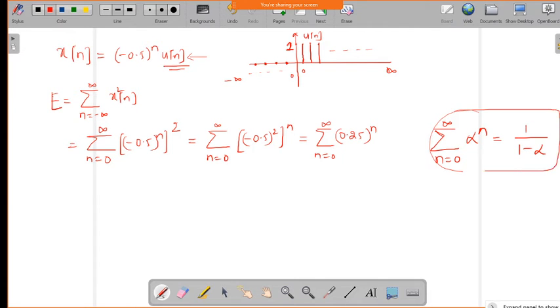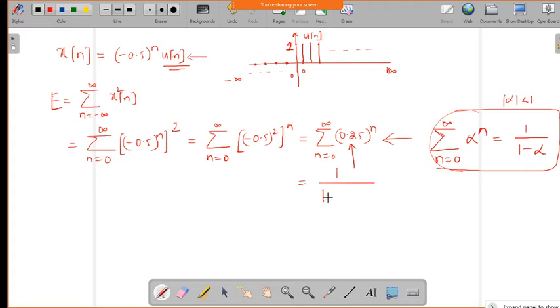Now compare this expression with that expression. In place of alpha, we have 0.25, which is less than 1. Only if alpha is less than 1 is this expression valid. We have 0.25 power n, similar to alpha power n, so we replace alpha by 0.25.